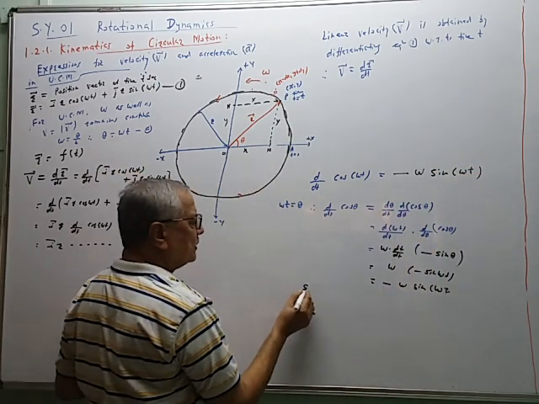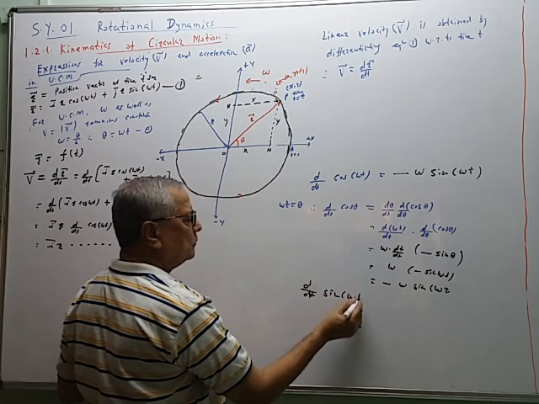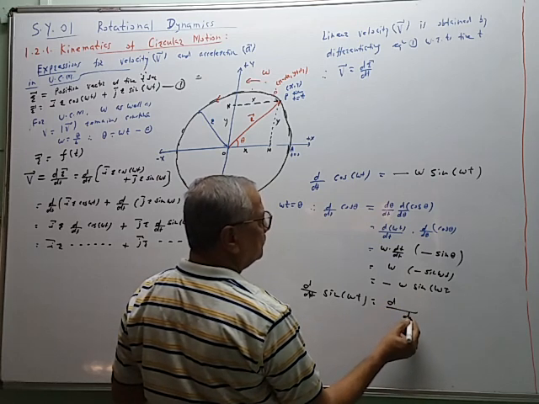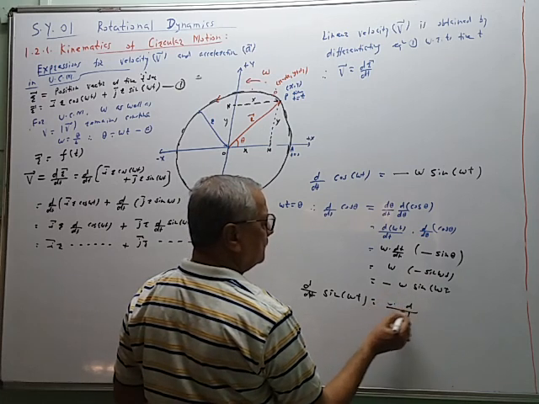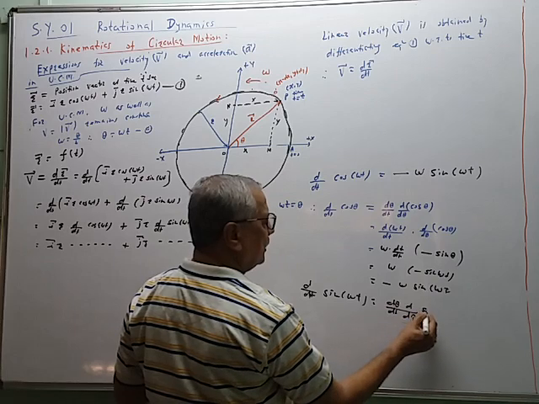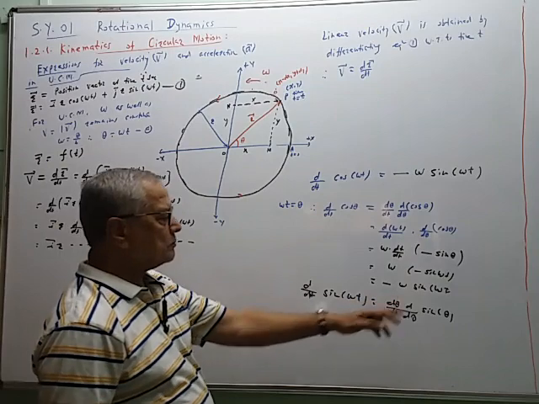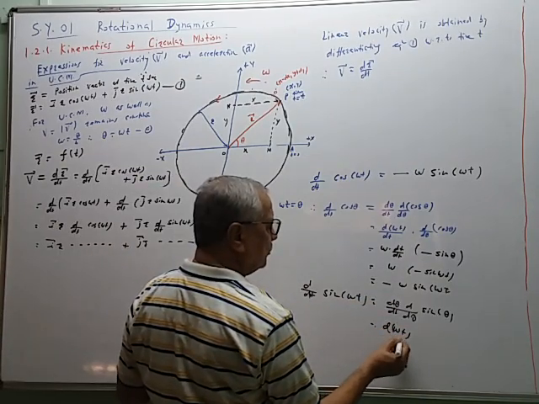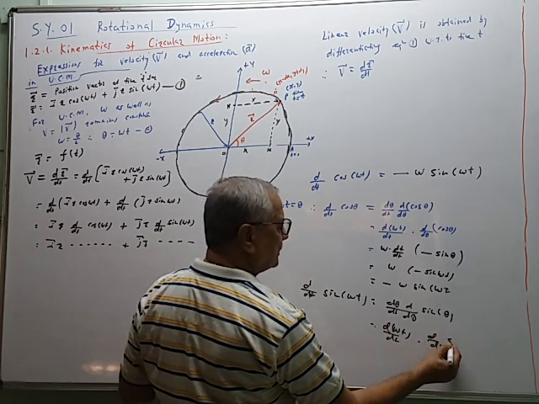Similarly, we can find the value of d dt of sin of omega t. Again the same method: d by dt multiplied by d theta divided by d theta into sin of theta. This omega t is replaced by theta, so again theta is equal to omega t. So d dt of omega t into d by d theta of sin of theta.